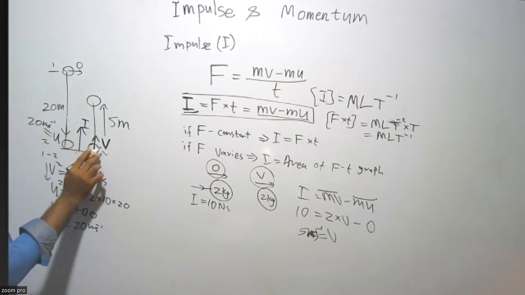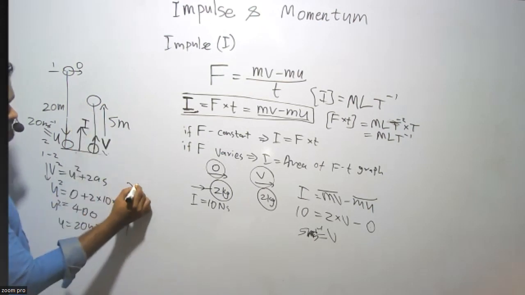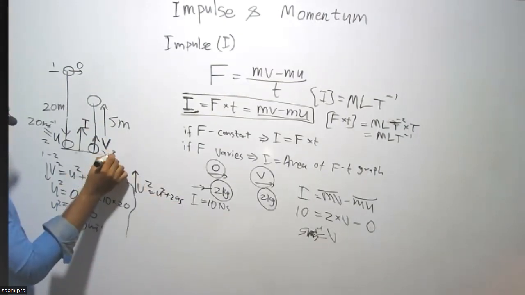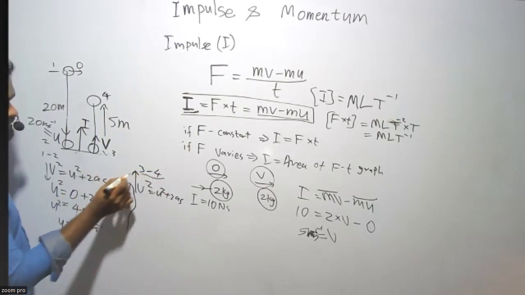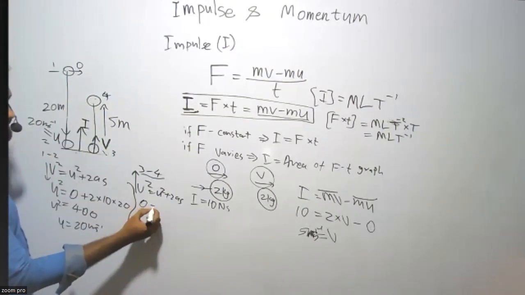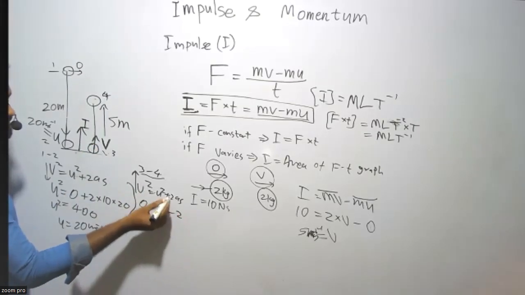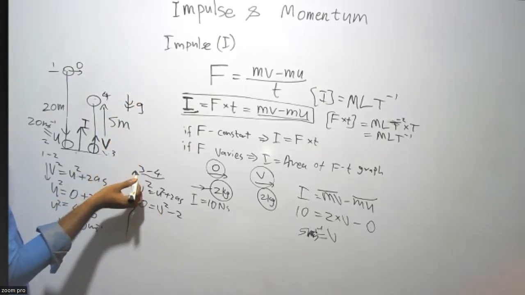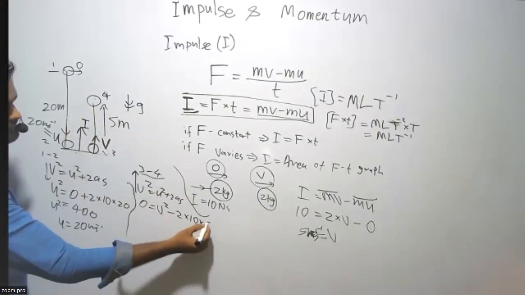Then you need to find this v. For that, I'll apply the same equation, but upwards, from 3 to 4. What's the final velocity here? The final velocity is 0. The initial velocity is v, so I put v squared. I put a minus because now the acceleration is downwards, and I'm applying the equation upwards. 2 times 10, height is 5 meters.